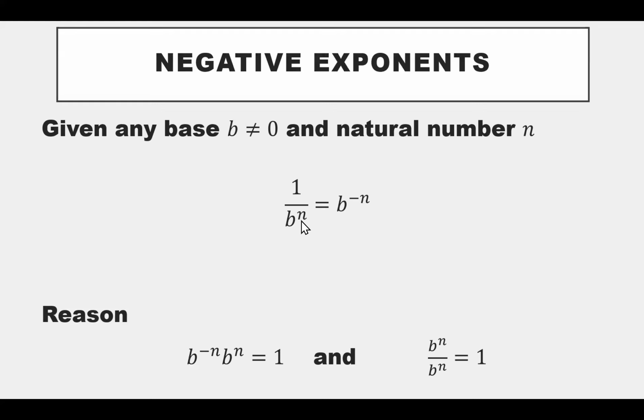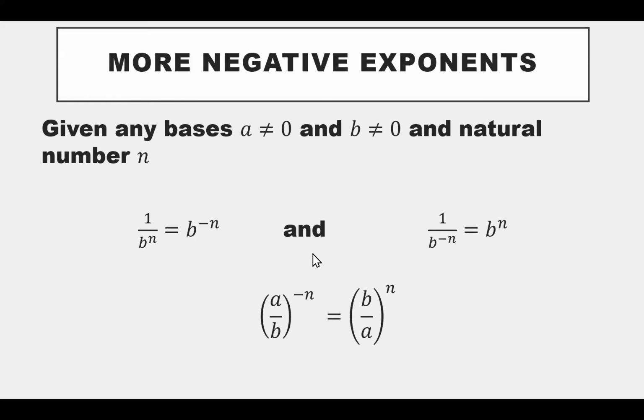By the way, this works if n is negative as well. 1 over b to the negative power is equal to b to the positive power. And that gives me another negative exponent rule. 1 over b to the negative n power is equal to b to the positive n power. 1 over b to the positive n is equal to b to the negative n.